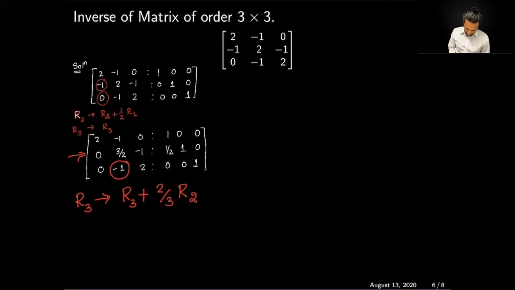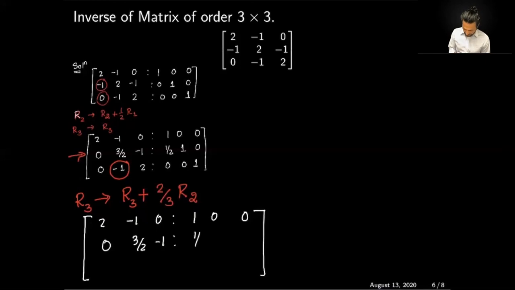So after applying this row operation, your new augmented form will be 2 -1 0 1 0 0, 0 3/2 -1 1/2 1 0.